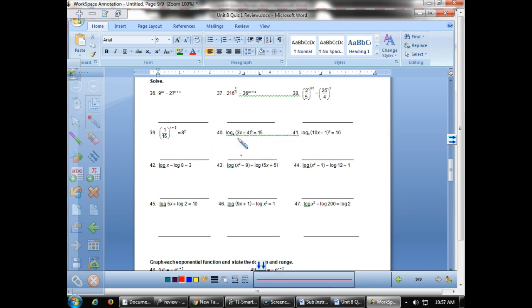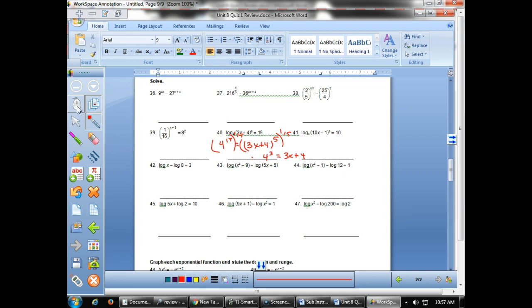So if I had not done that, I'd end up with 4 to the 15th is equal to 3x plus 4 to the 5th. And yesterday we used this 5th power and undid that with a 1/5 power or 5th root, and do the same thing here. I don't know if that's what you're asking. So then I get 4 cubed is equal to 3x plus 4. Same exact result, just a tiny different process. Okay? Did that answer your question?